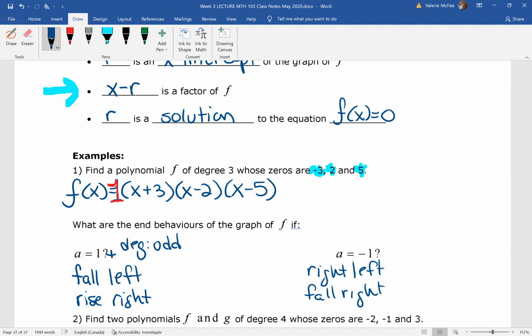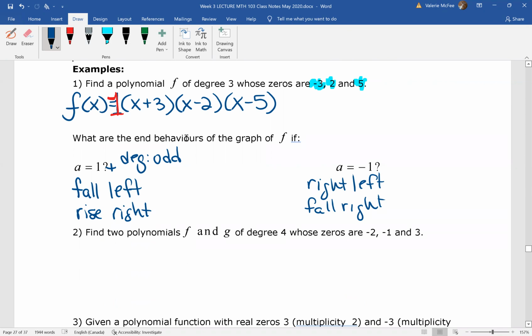Can you find, for question 2, two polynomials, f and g? They should both have a degree of 4, with the zeros -2, -1, and 3.